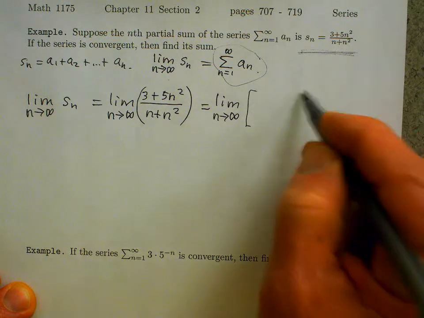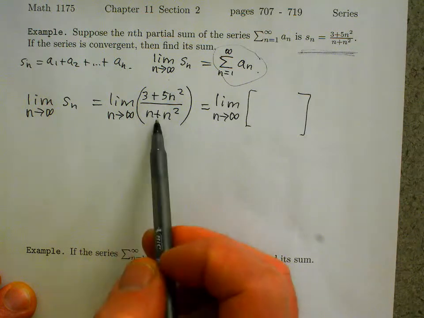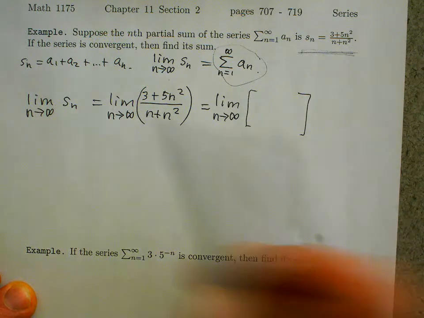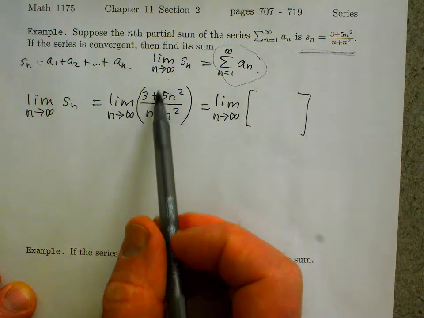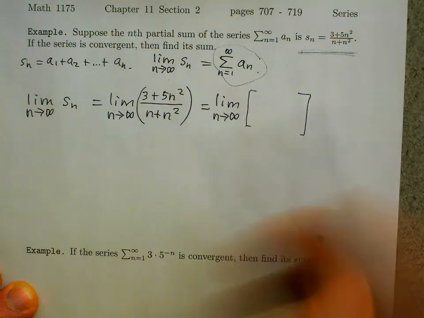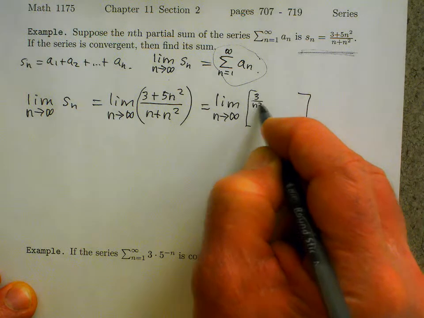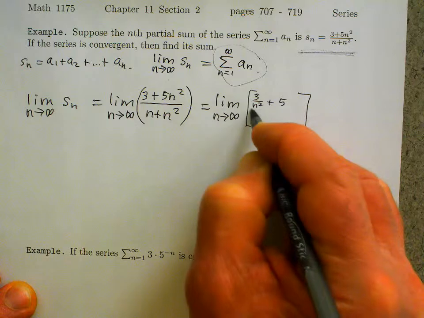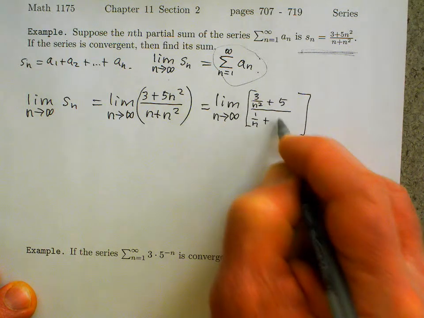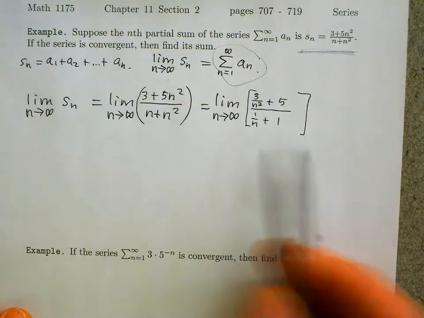So if we divide the numerator by n² and the denominator by n², or equivalently, multiply both by 1/n², either way, we get (3/n² + 5) over (1/n + 1). Do you see how I got that?